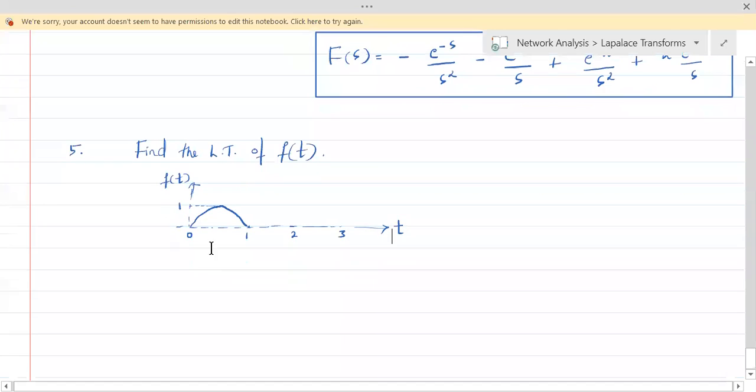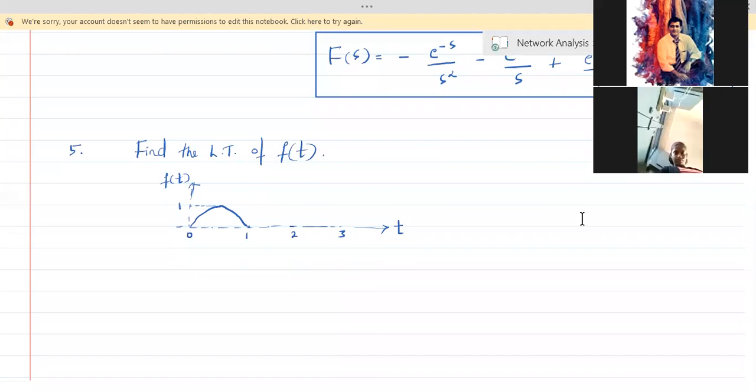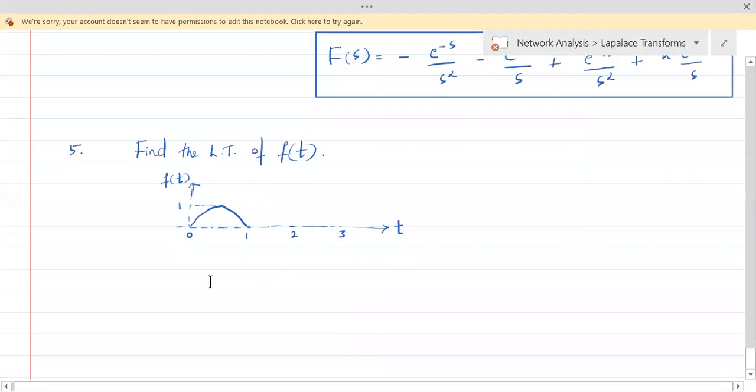Now how to obtain the expression for this is what one needs to look at. Everybody see here in the solution. First, let's discuss whether it is sine or cos.